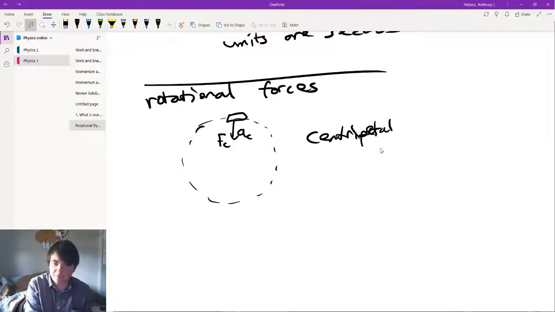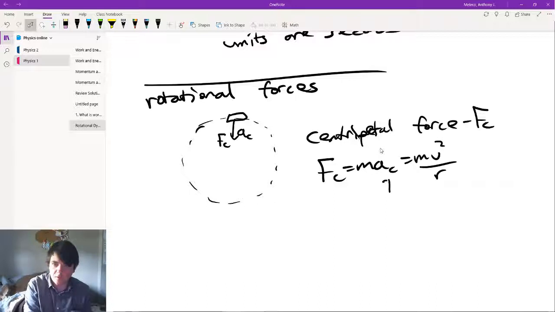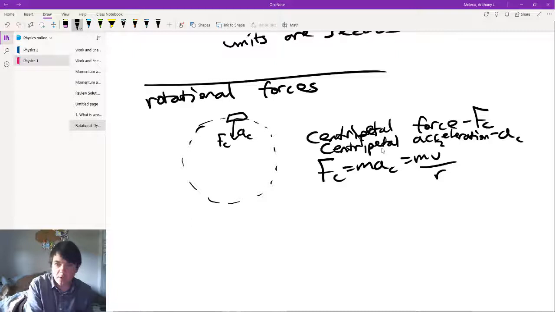We'll do a couple problems with this. This was the centripetal acceleration, the cause of rotation. Okay.